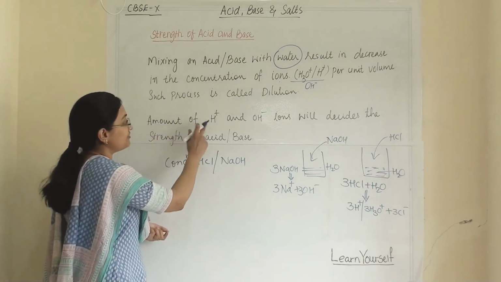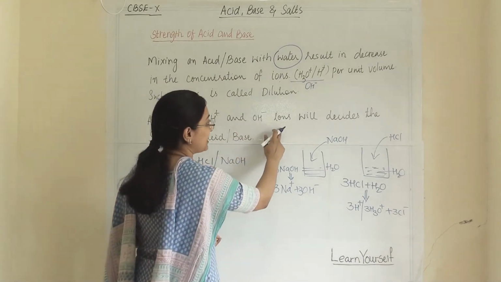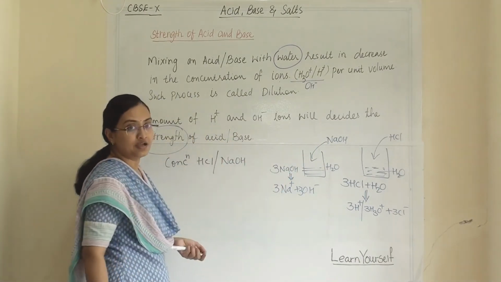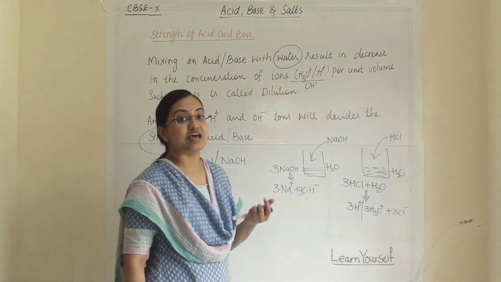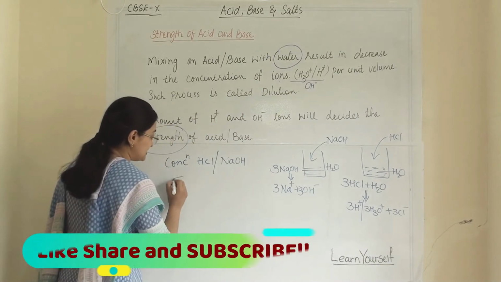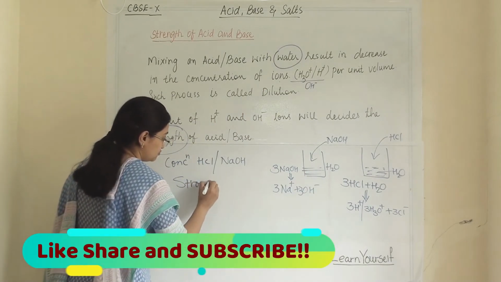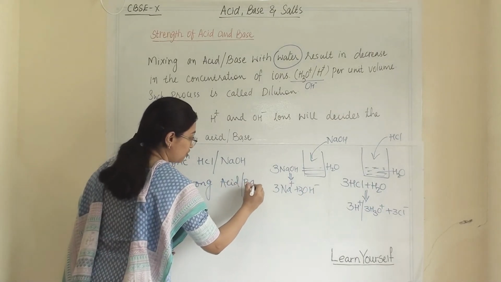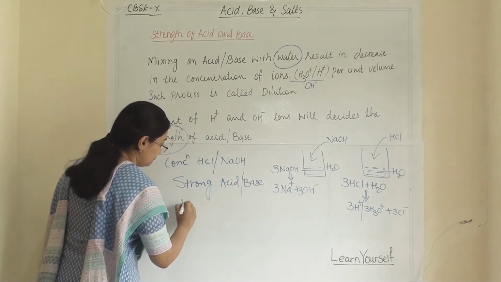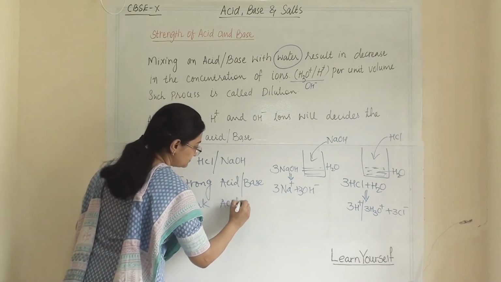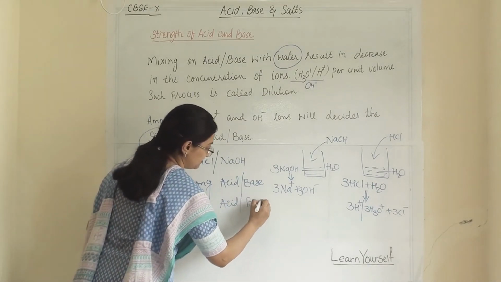So the amount of H plus and OH minus ions will decide the strength of acid and base. This categorizes acid and base into 2 parts. We will see strong acid or strong base, or weak acid or weak base.